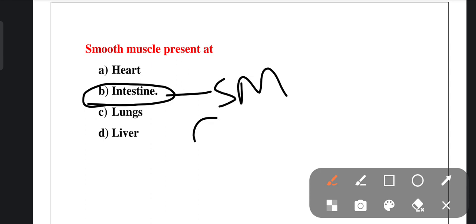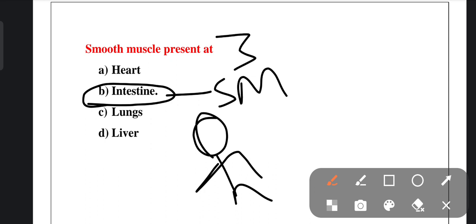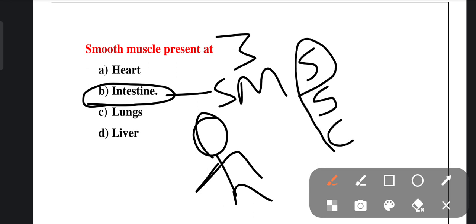In our body we have three types of muscles. The first one is skeletal muscle, the second one is smooth muscle, and the third one is cardiac muscle. So there are three types of muscle cells in our body.